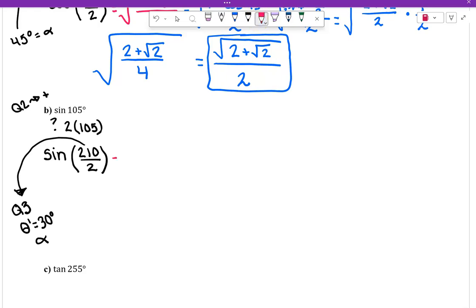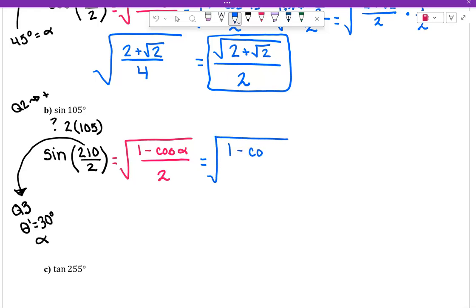So I'm going to write down the formula. So remember, sine is the 1 minus. So 1 minus cosine of alpha divided by 2. So we're going to have 1 minus the cosine. And remember, our alpha is 210.